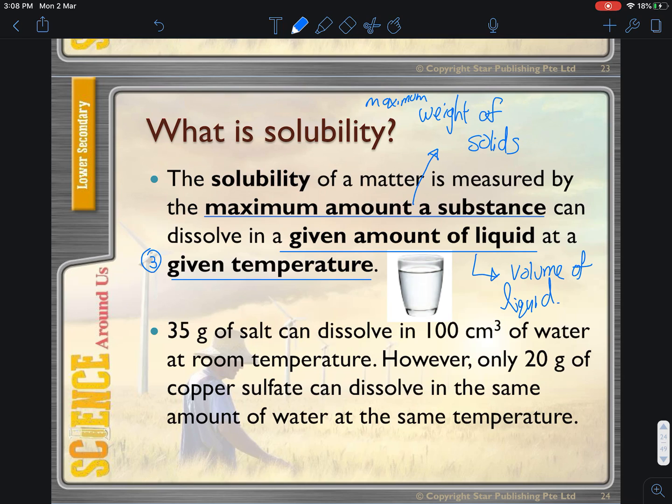But if you use a different material, now we are comparing salt with copper sulfate, you realize that a different weight, one is 35 grams, the other is 20 grams, can dissolve in the same volume of water at the same temperature. What this shows you is that the solubility of salt and copper(II) sulfate is different.